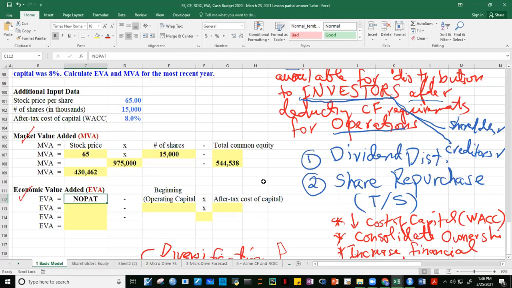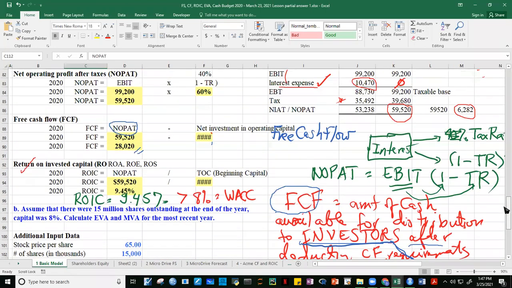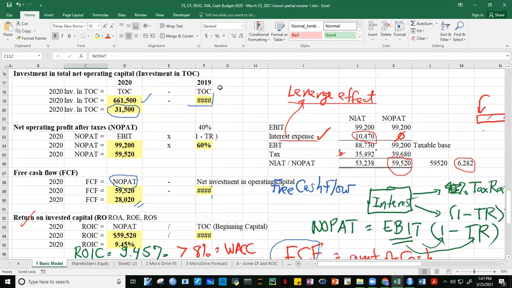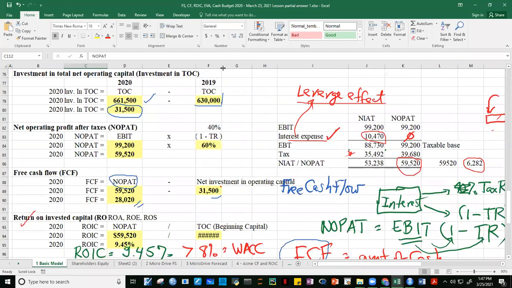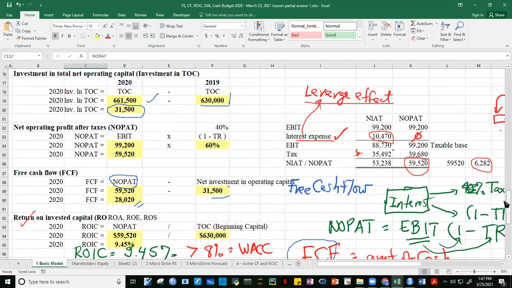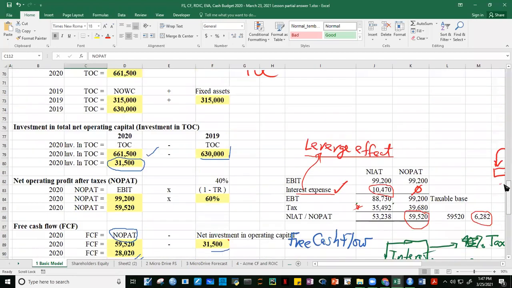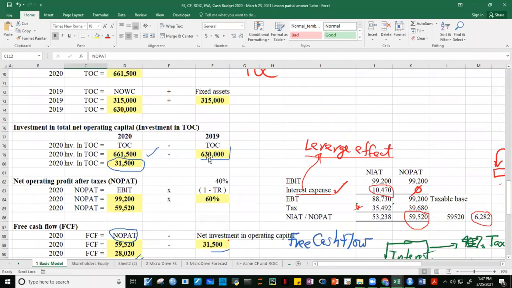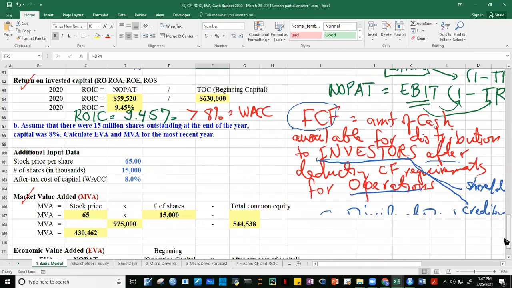At the beginning of the year, how much was capital provided to management? Balikan natin yung kwento na yun. Sir, 630,000. Alam natin yan. At the beginning of the year, binigyan yung management ng 630.